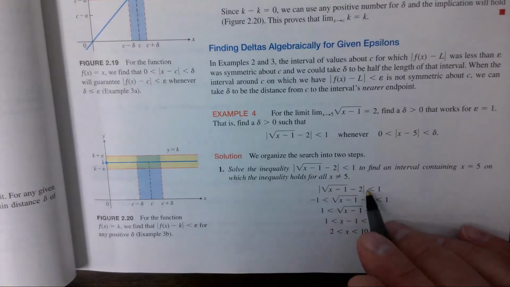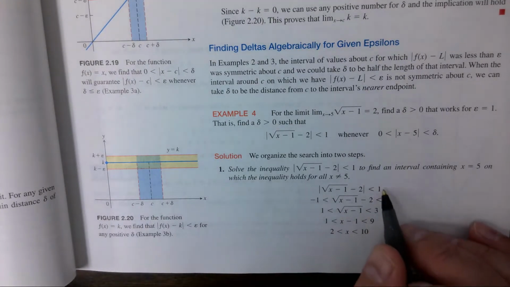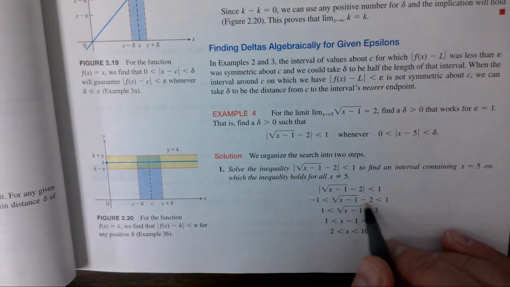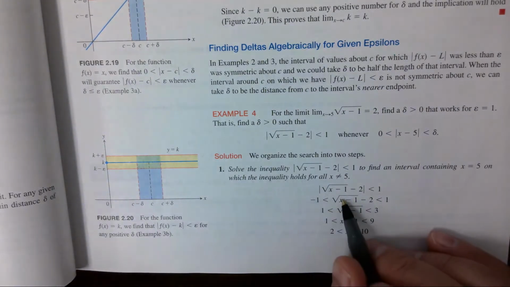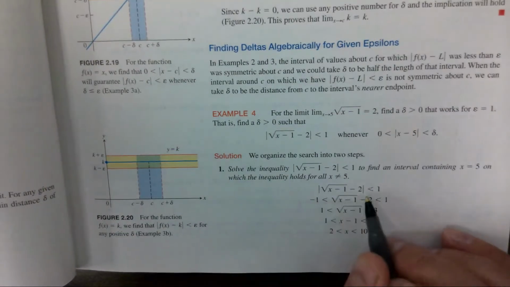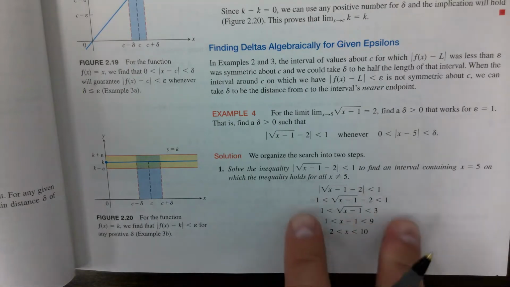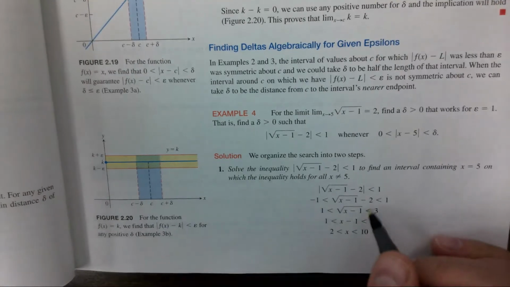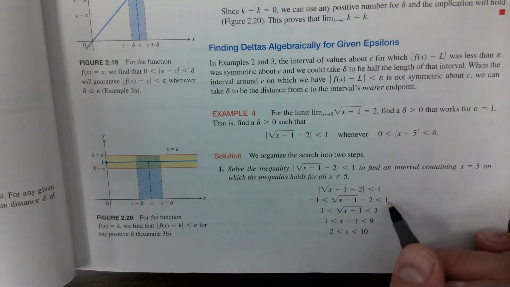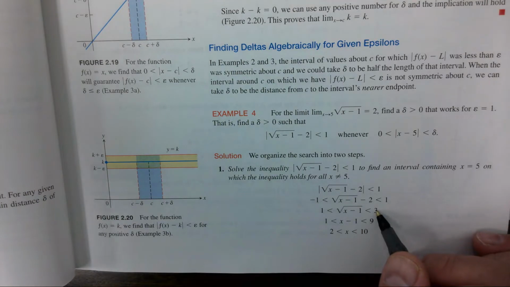It's an absolute value less than 1, which means you have a negative 1 here, positive 1 here, and have it in the middle, without your absolute value symbol now. So that step just means break it into a positive and negative, and then you add 2 to this side. 2 minus 1 is 1. Add 2 to this side. 2 plus 1 is 3.